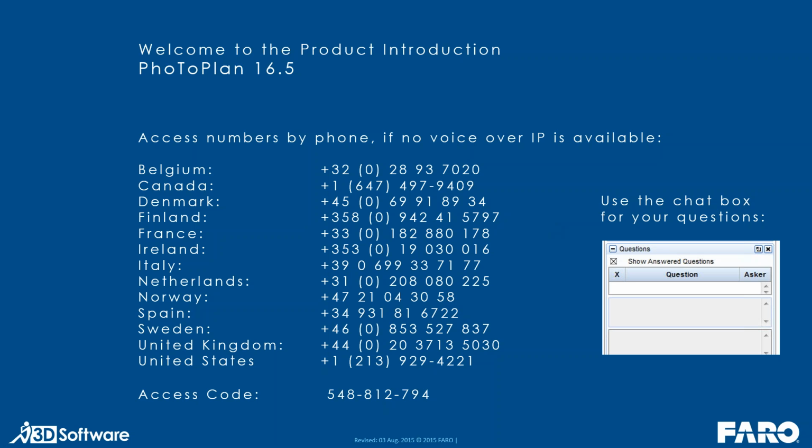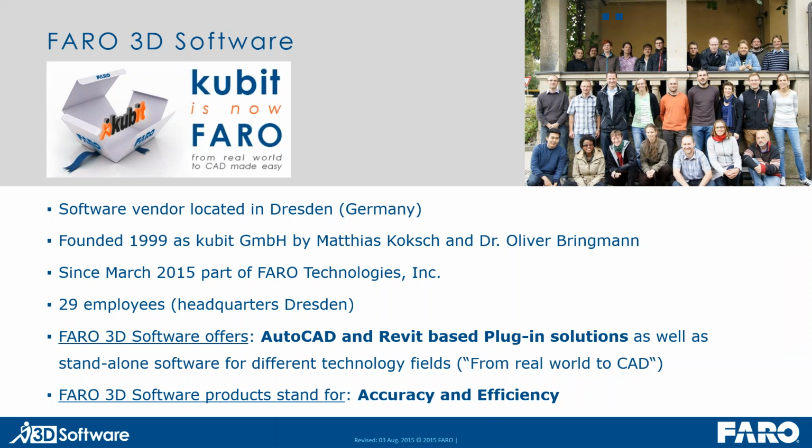Before I introduce the software PhotoPlan to you, let me just introduce our company. PhotoPlan has been developed by FARO 3D software. We are a software vendor located in Dresden, Germany. The company was founded in 1999 as Kubit GmbH, and since March this year, we are part of the FARO Technologies company.